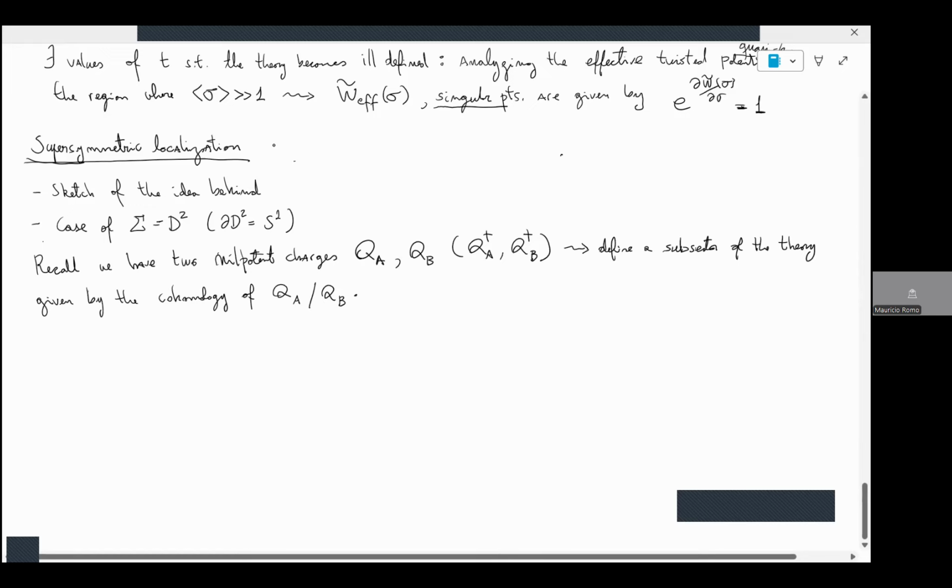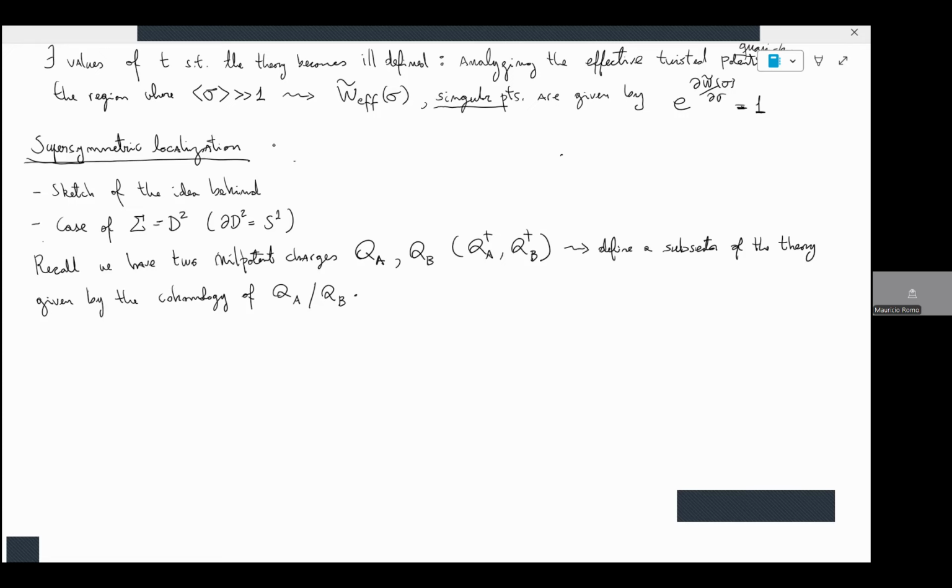So this is something that you may be familiar with if you have done, for example, BRST gauge fixing techniques and things like that. Every time you have a symmetry of the theory, and remember, these Qs are symmetries of the theory, completely non-anomalous, if you have symmetries of the theory that are nilpotent, you can always define a subsector given by the cohomology of this charge.